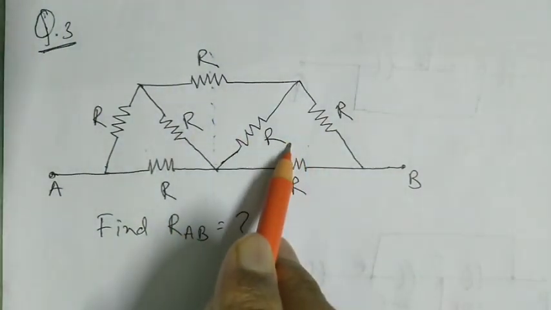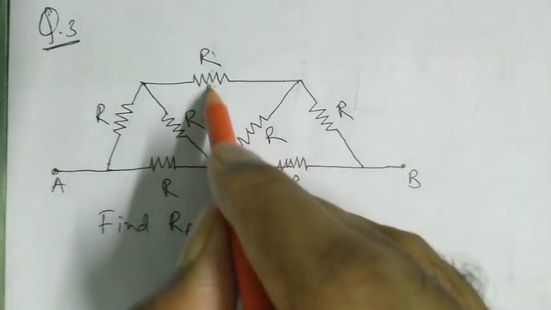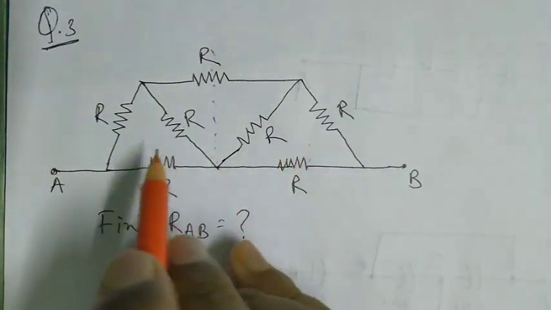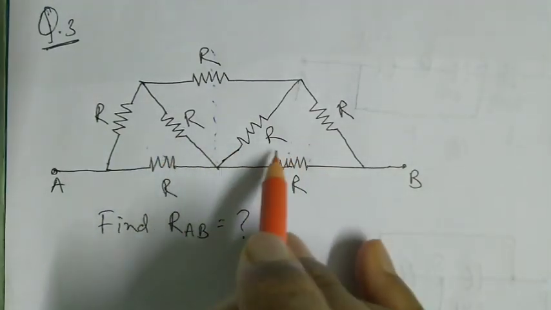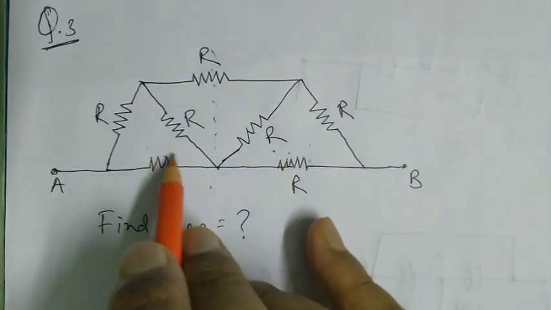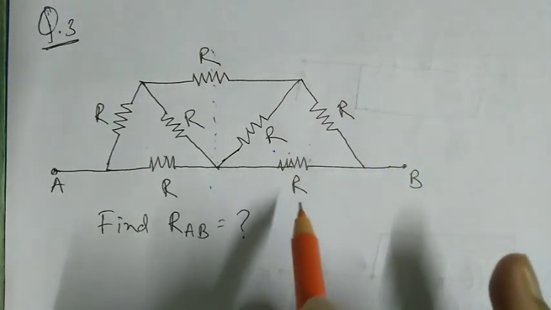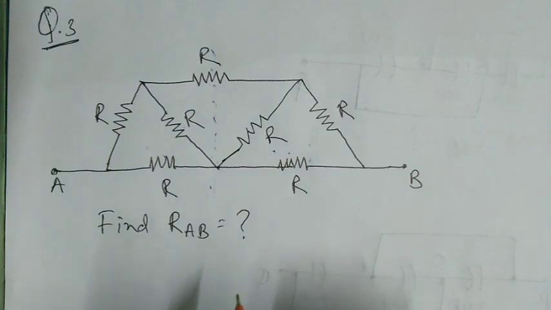Okay, if you fold this page across this line, then you will find that this and this portion will superimpose. So that's why this circuit is actually a symmetric circuit. All the resistance values are equal, so this is actually a symmetric circuit.